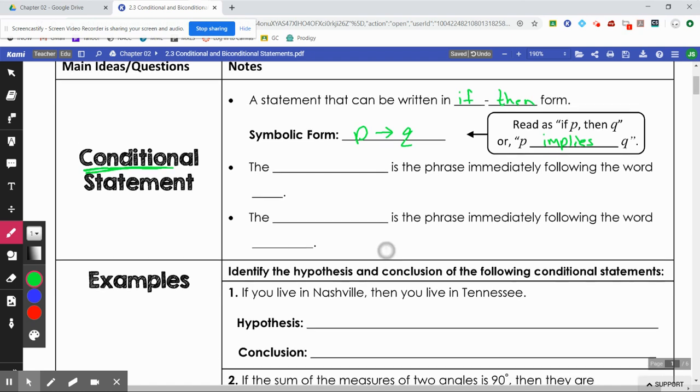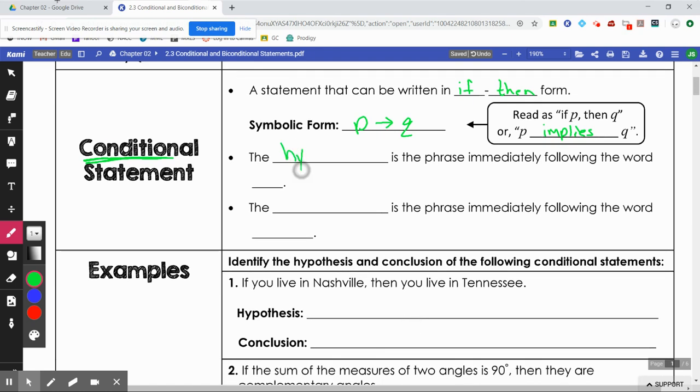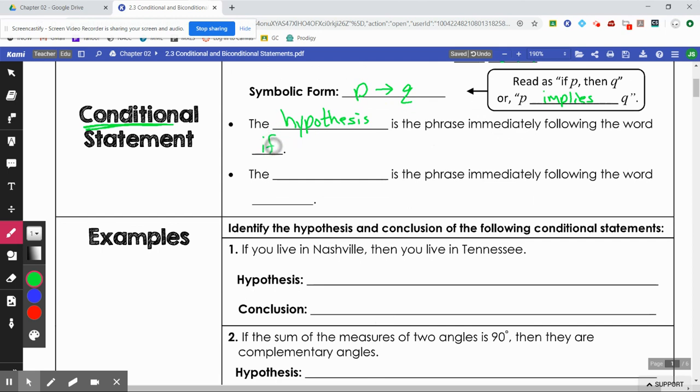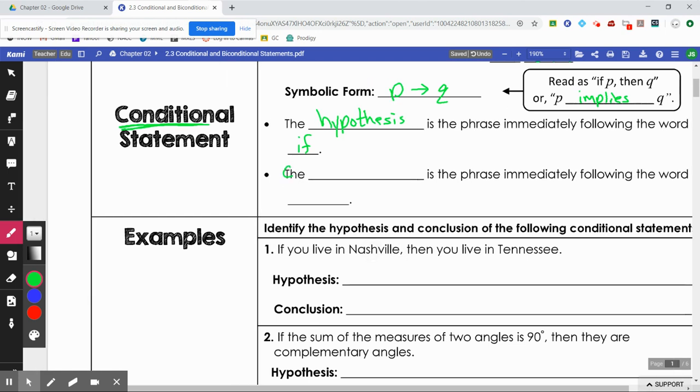The hypothesis. It's the same type of hypothesis that you deal with in science. The hypothesis is the phrase immediately following the word if. So we're hypothesizing possibly that P might happen here. The conclusion, we all know what a conclusion is, that's kind of like the end of a book.